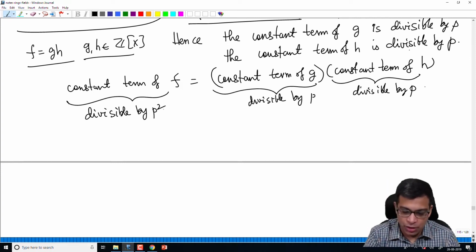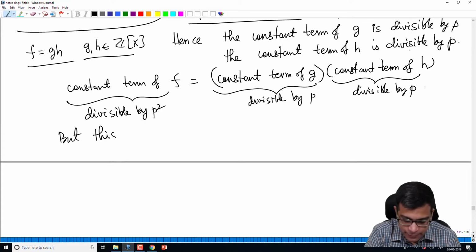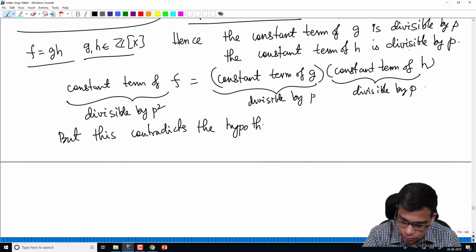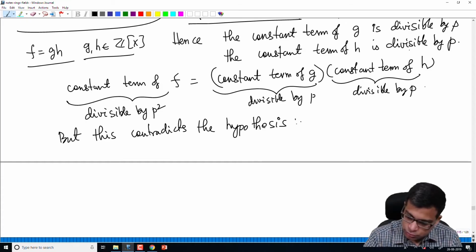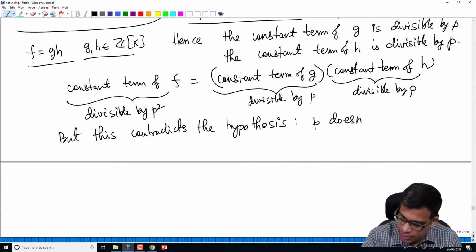So this is divisible by p squared, but this contradicts the hypothesis that p does not divide a0.